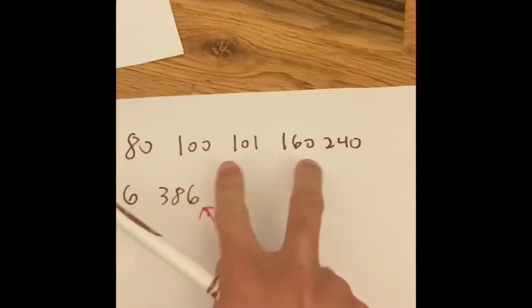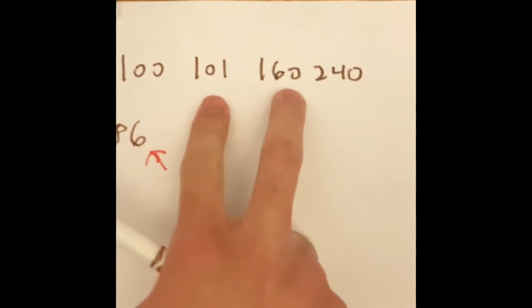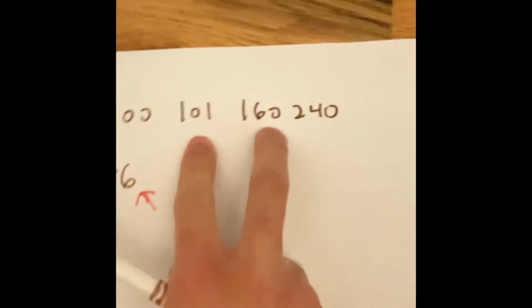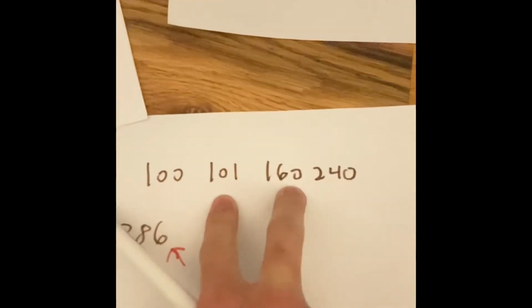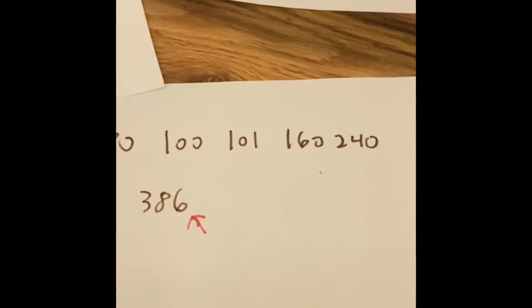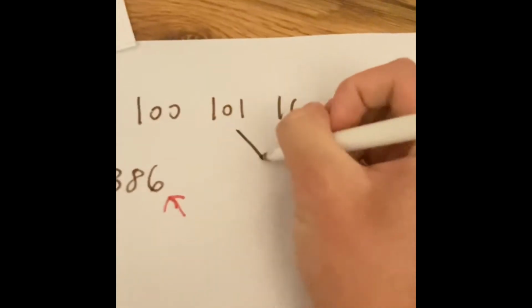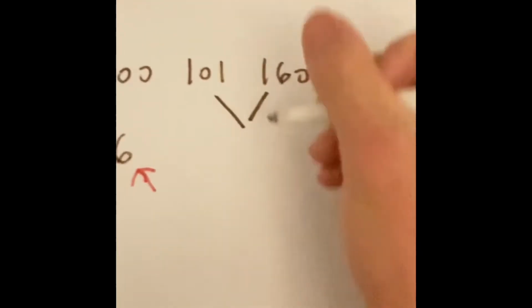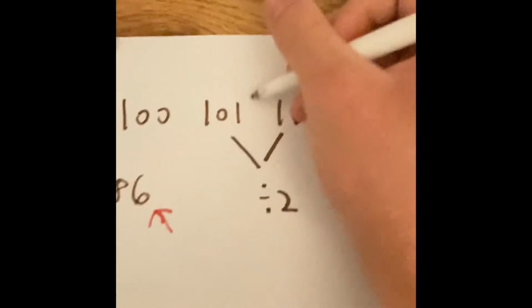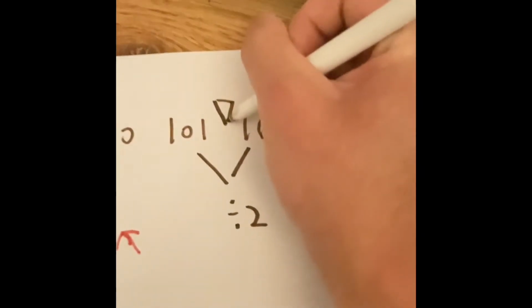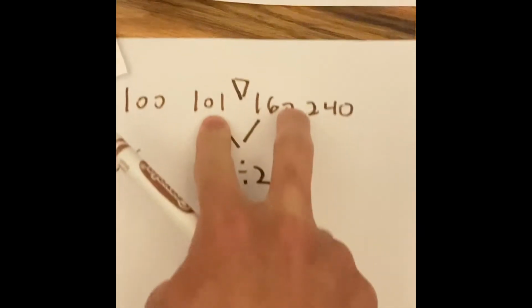Uh-oh, we have 101 and 160. We want to find the median, which is 1 number, but we have 2 numbers. What do we do? We add the 2 together, then we divide by 2 to get the middle number between the 2 numbers.